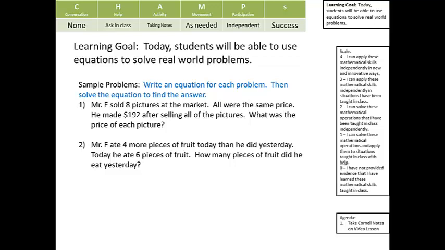So we know that we have a comparison between yesterday and today, and we're going to use that information to create an equation and then to solve it. So we know that yesterday he ate some fruit and then he ate 4 more pieces today, and that total was going to be 6 pieces. We're going to solve this using an addition equation.